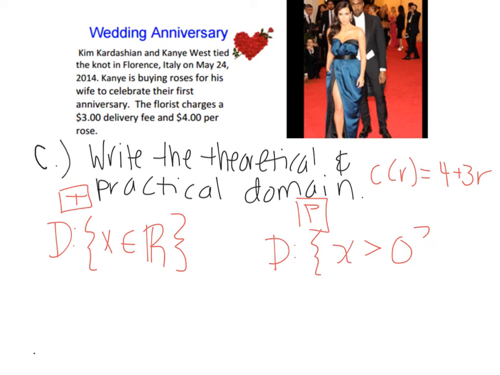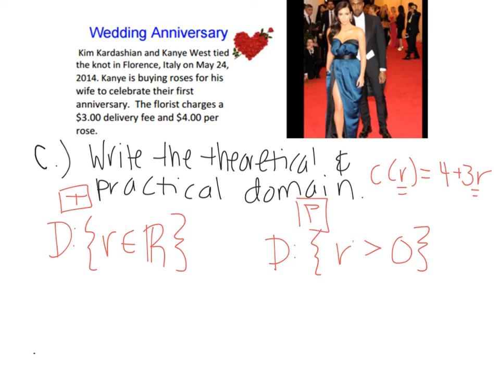Because he's not going to not buy a rose for his anniversary. He knows better than that. And actually, technically, since we're using the variable r as our input, we should really be writing r is an element of all real numbers, and we should be writing r is greater than 0, just so that we're consistent with the variable that we used in our equation.